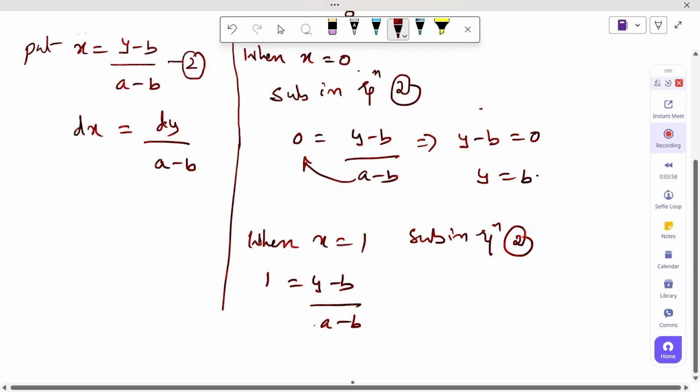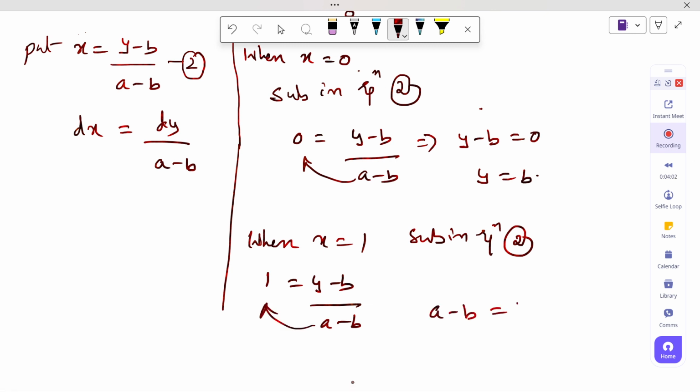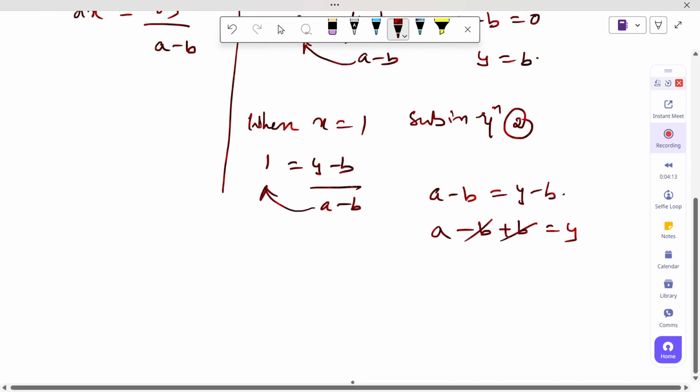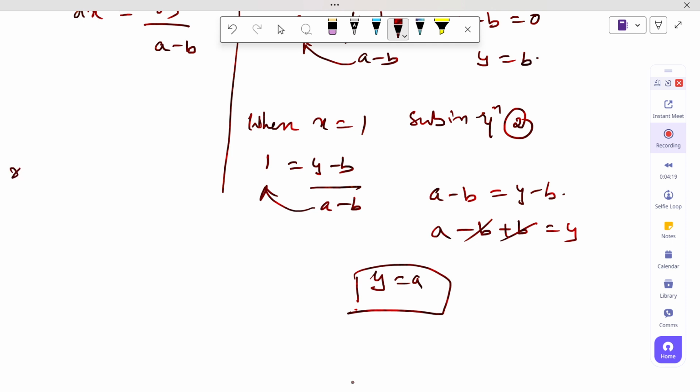Cross multiply: a minus b is equal to y minus b. So a minus b plus b is equal to y. This and this get cancelled, so y is equal to a. So clearly, when x is equal to 0, y is equal to b, and when x is equal to 1, y is equal to a.